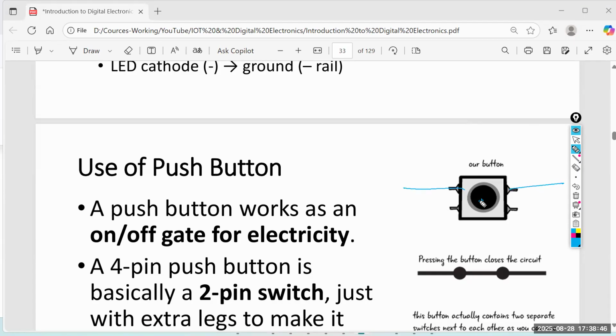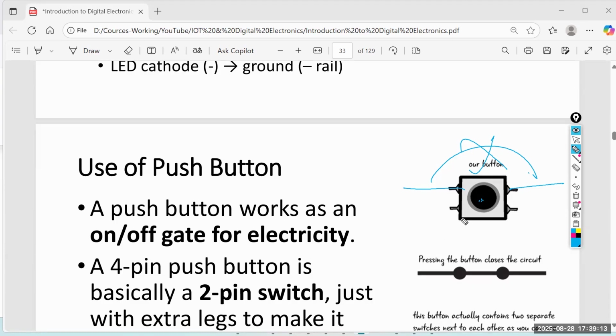When you don't push it, electricity cannot go from here to here. No electricity. So if you want to let electricity flow, you need to physically push it. If you use the physical push button, you push it by hand; if you use the simulator, it has a functionality to push it using the mouse. Okay.